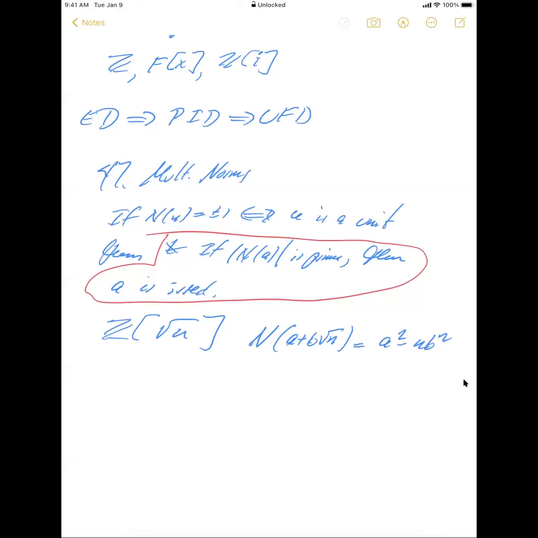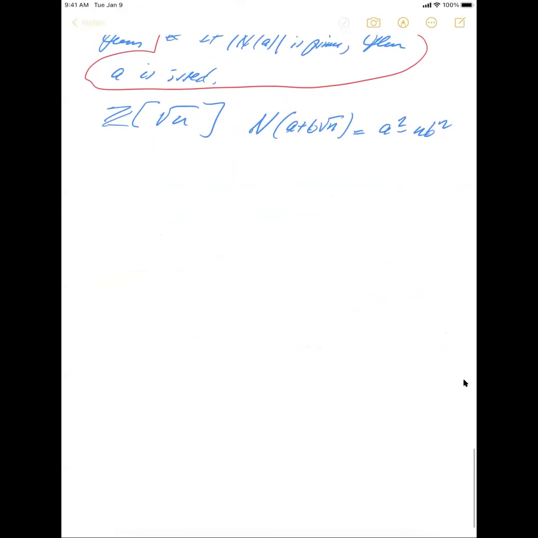Okay, now, so what I was saying is, we know we have this theorem that the ideal generated by little p is maximal if and only if p is irreducible, right? And this holds in an arbitrary integral domain.